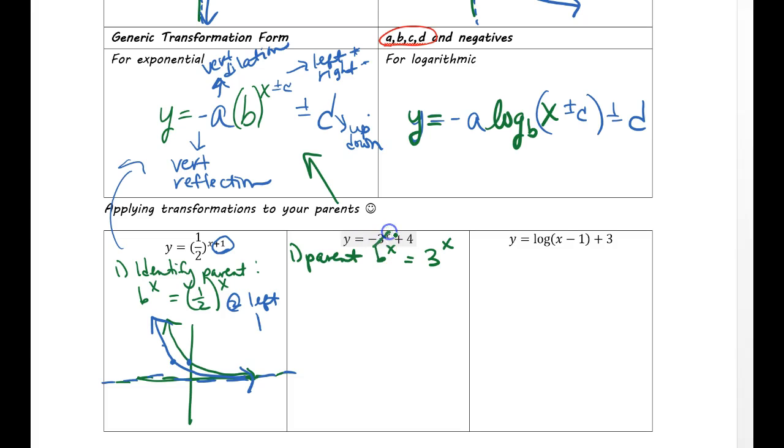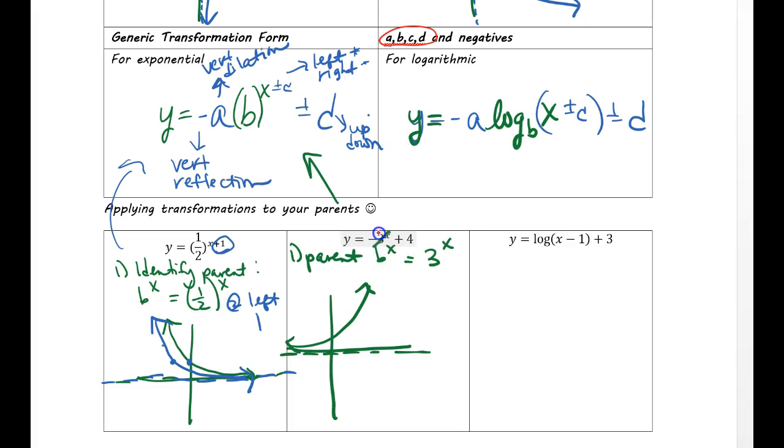Let me cross that out. It's handled. Now what does 3 to the x look like? Well, if you look up above, this 3 is a b that's bigger than 1, and if it's bigger than 1, it's the picture that looks like this. So that is my first step, okay? Now that I have that, what are the other transformations in the picture?